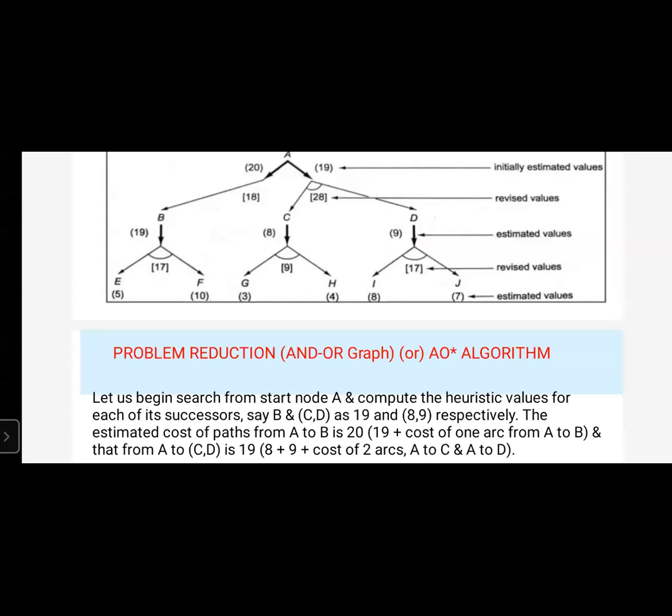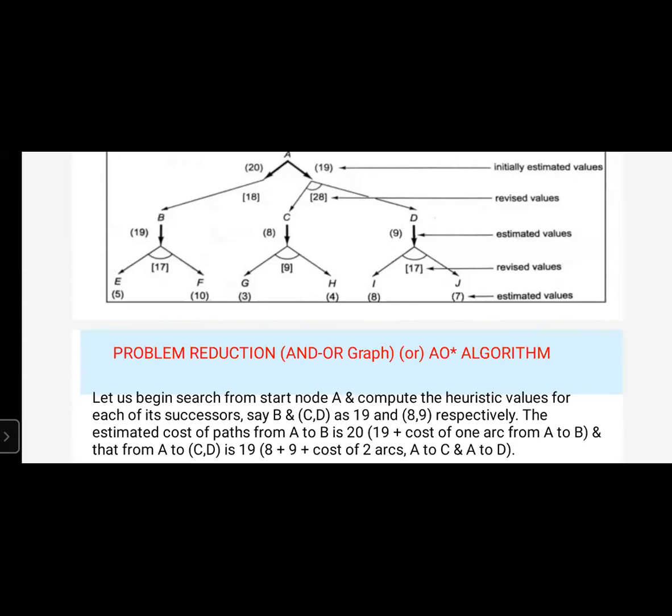So if I make a move from A to C and D, then the estimated values to me are 19 and 8 comma 9. So those are the estimated values. Okay. 19 comma 8 comma 9.